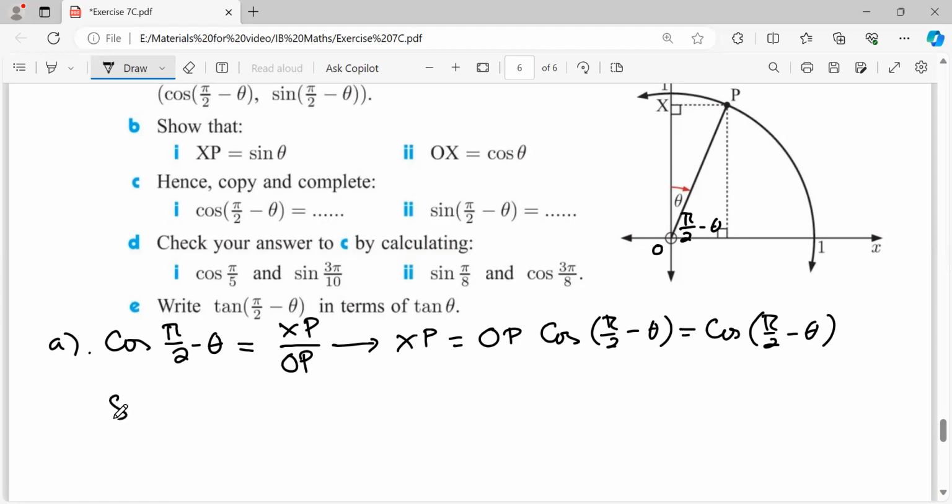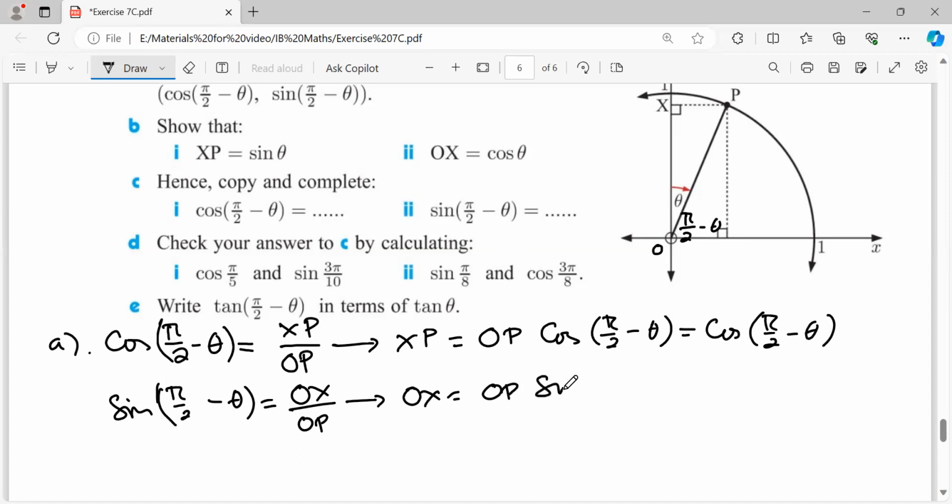Next, sine of pi over 2 minus theta equals OX over OP. Look at the figure, so OX equals OP times sine of pi over 2 minus theta. OP equals 1, so it is sine of pi over 2 minus theta.